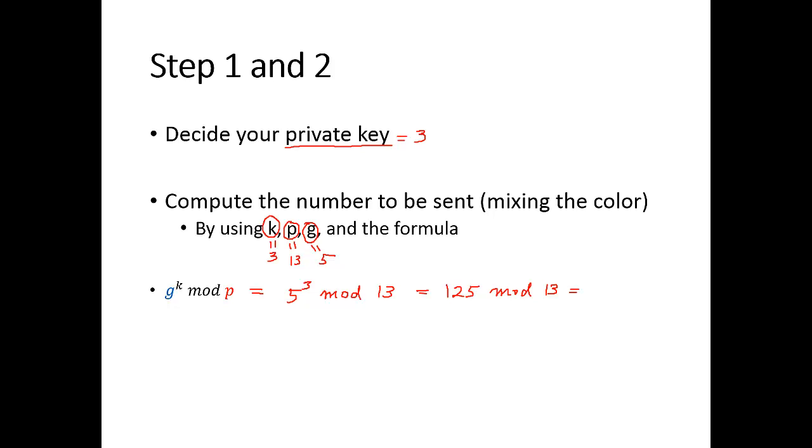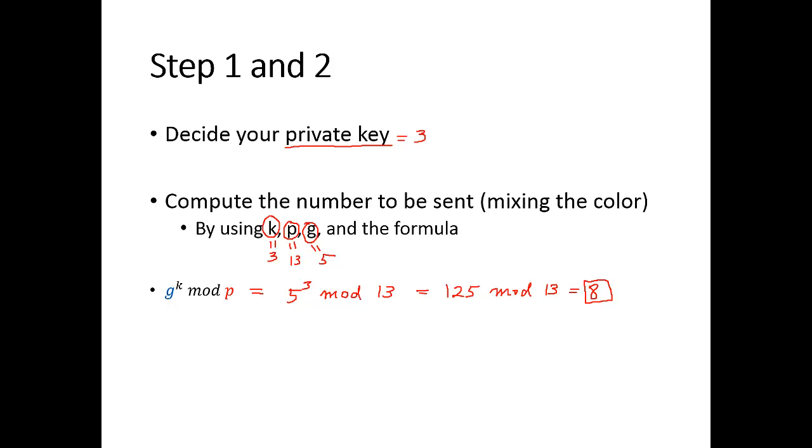By getting a mod value, we simply mean dividing 125 by 13 and getting just the remainder of that operation. The mod value turns out to be 8. So this number serves as your color to be sent to the other side in our analogy.